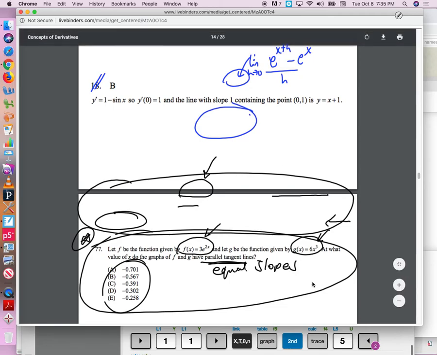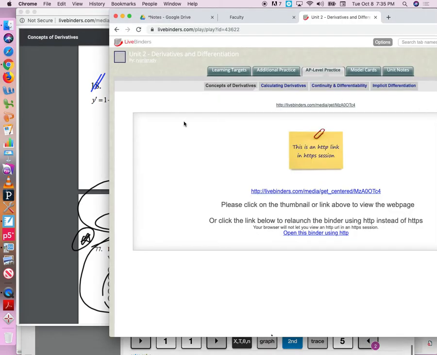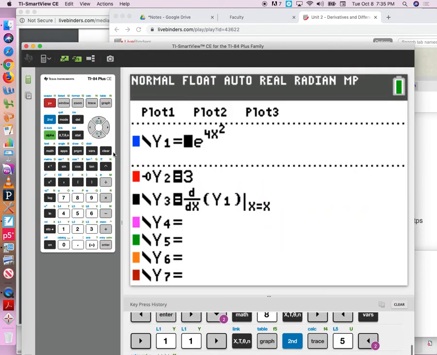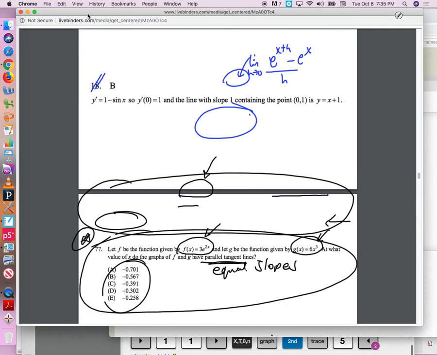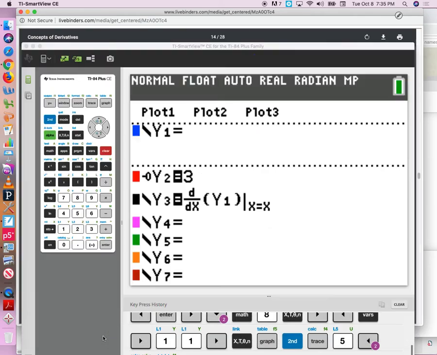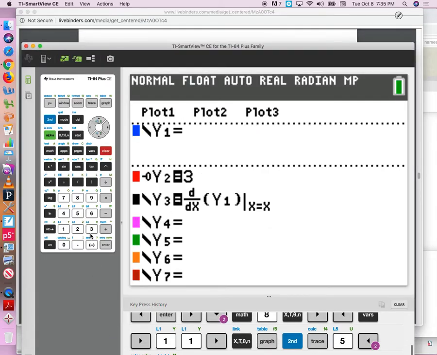So I probably would go in and actually put the easy one in my calculator and make my calculator take the other one. So in Y1, I'm going to put in, I already forgot what it was. Into Y1, I'm going to put in 3e to the 2x.